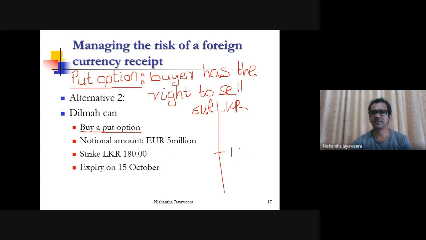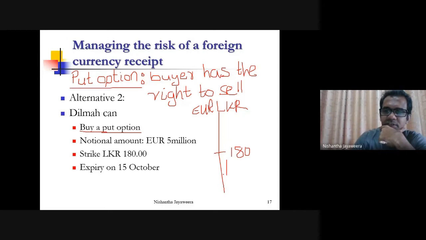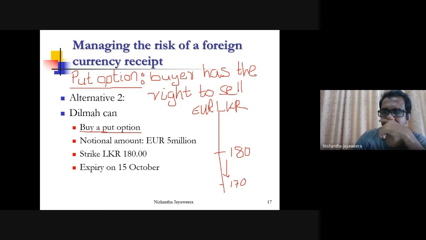So that's why he prefers to sell it at 180. Even if it goes to 170, still he gets it at 180. That's why the exporter buys a put option.